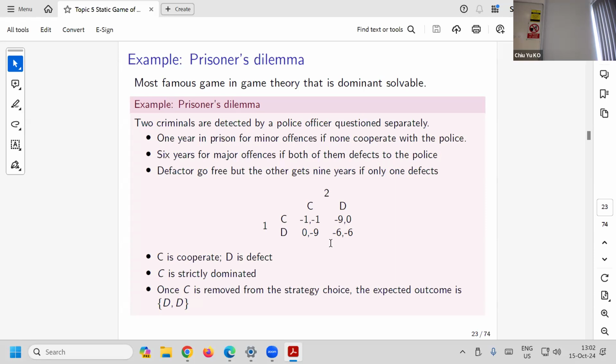If you just do it once, it's likely that you will have defection. If you repeat the interaction, then you would more likely see collaboration. That means you will be more likely to end up here rather than here if people keep the relationship going. That is the idea behind it.